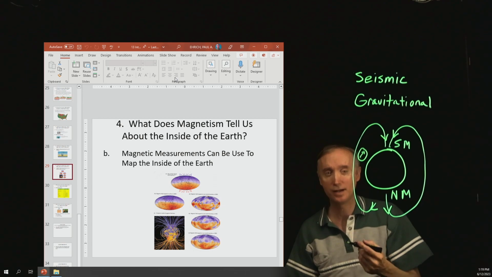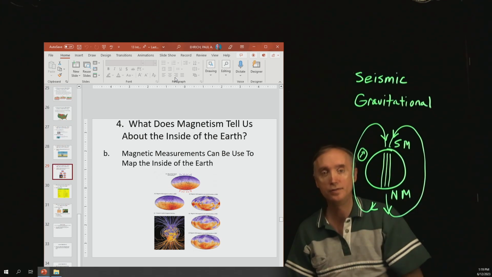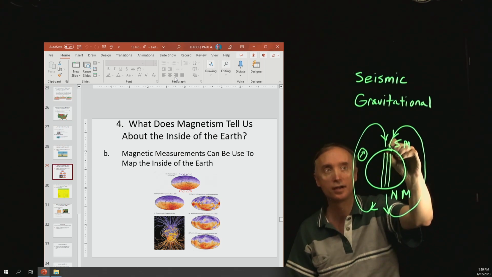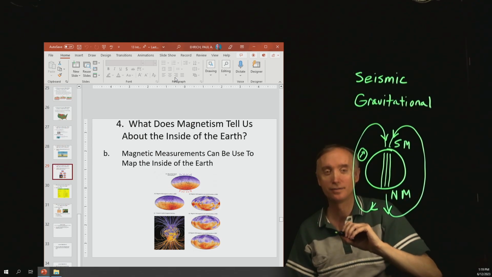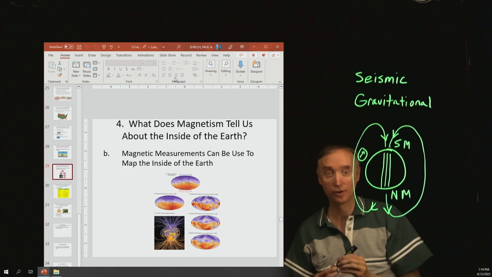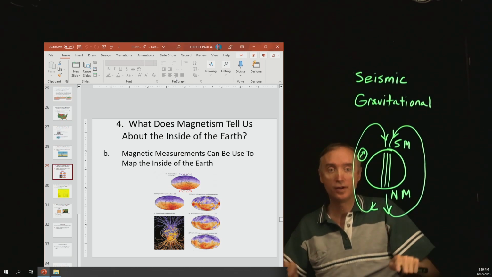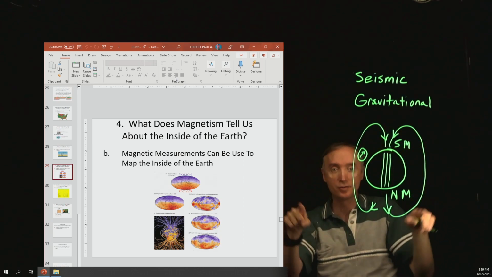So you might get the idea that inside the Earth, the magnetic field should be pretty simple because it connects up here with down here, but it's not. Because inside the Earth, you've got convection going on. And in convection, material is going up and then coming back down, it goes up and comes back down.